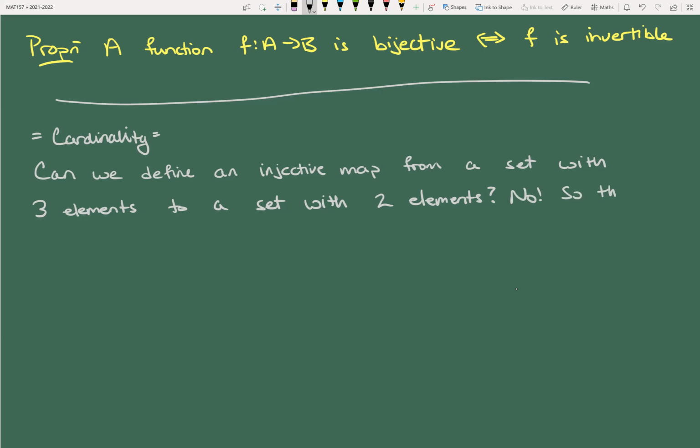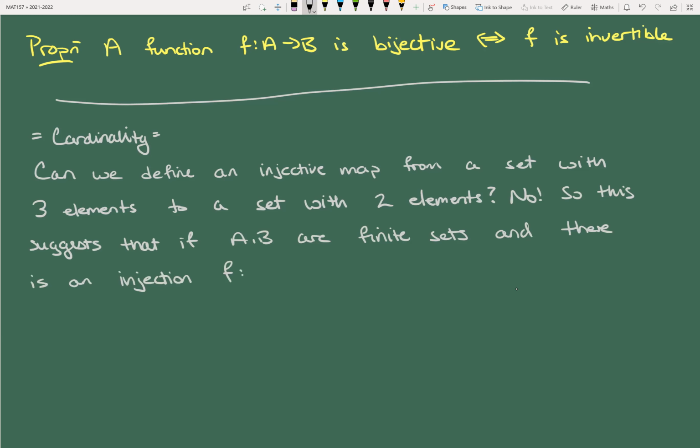So this suggests that if A and B are finite sets, and there is an injection f from A to B, then A has at most as many things, sorry, at most B things in it.